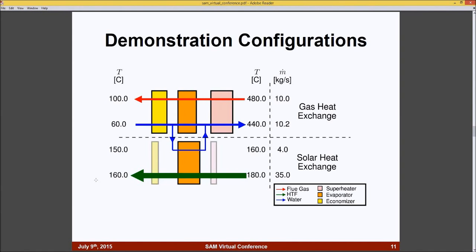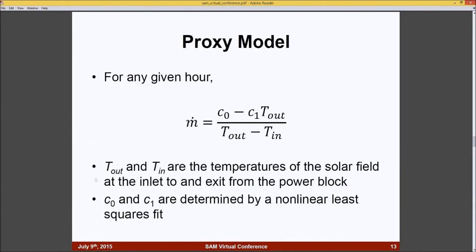Okay, returning to this idea that what we need here is a functional form of temperature to get mass flow rates. This is what motivates our need for a proxy model. In order to apply optimization to these types of systems and to look at how everything should be designed and operated, we're going to need, based on our estimates, somewhere between 10 and 100 million function evaluations. So these need to go quite quickly.